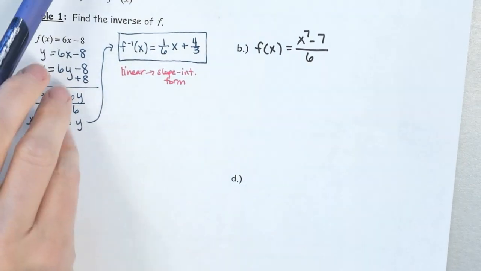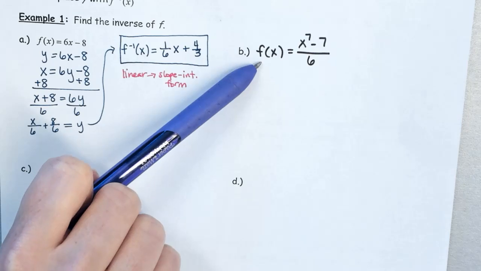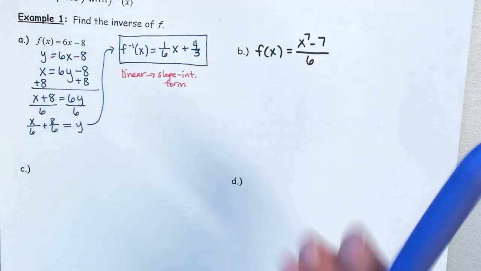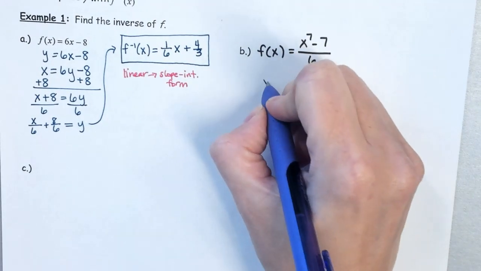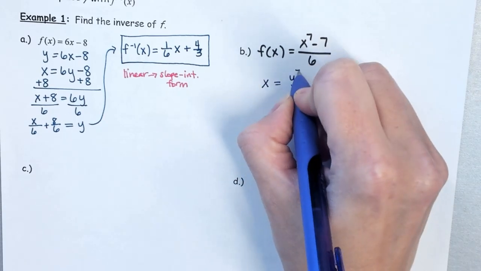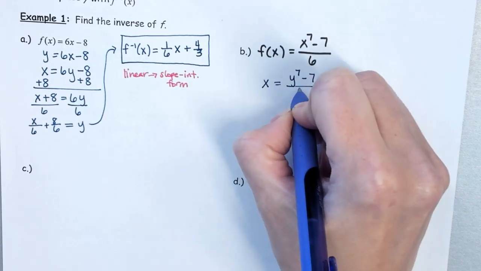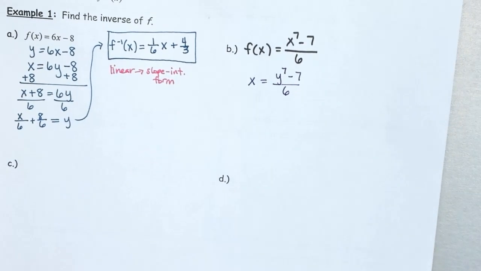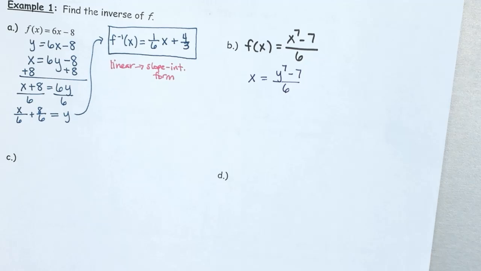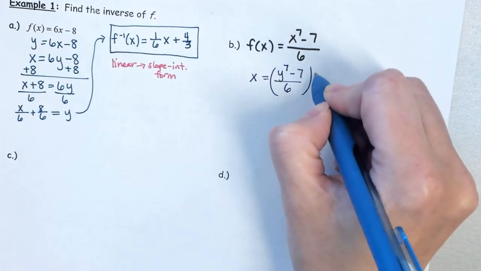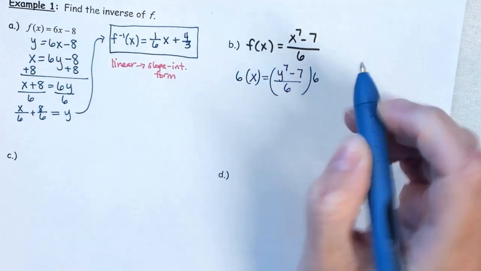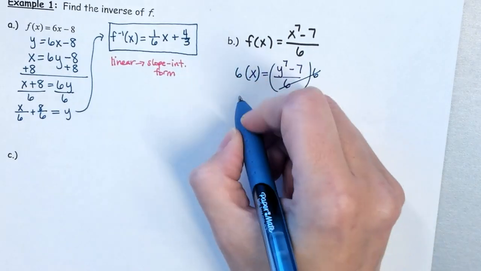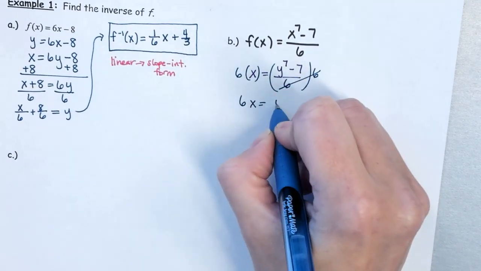All right, and then we know our f of x is going to be a y, so I'm fine if when you're doing this, you want to start by just doing x equals y to the 7th minus 7 equals 6, instead of writing out the y equals step, that's okay. And then now we're trying to get the y by itself. So what do you think we have to do first? Yep. So then to show that, we're going to put that in parentheses. Those are going to make 1, which is why they cancel.